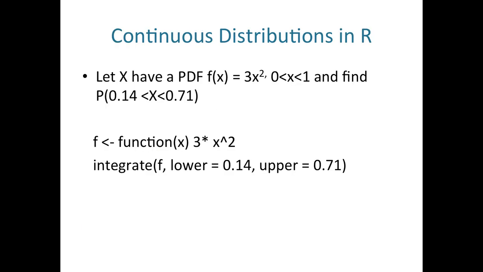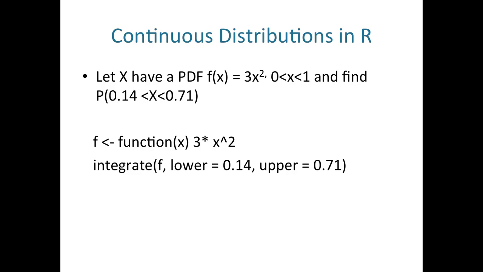In R, how can we compute the probability that a given continuous variable is going to have values between 2 given values? We can define the function and then we can basically integrate.